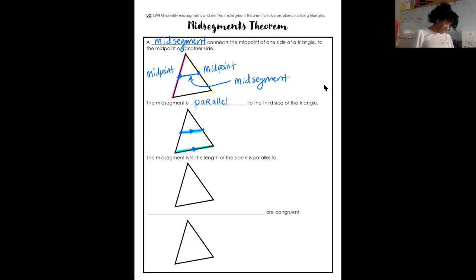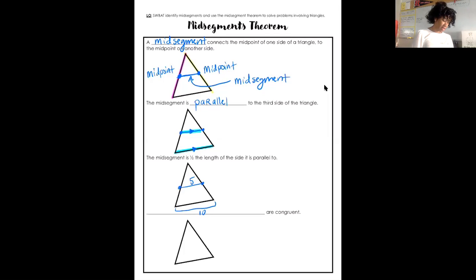Next thing, the midsegment is 1/2 the length of the side it is parallel to. So again, here's our midsegment. If the length of this side down here is 10, and the midsegment is 1/2 the length of the side it's parallel to, how much would the midsegment be? It would be 5, okay? So you could think of it both ways.